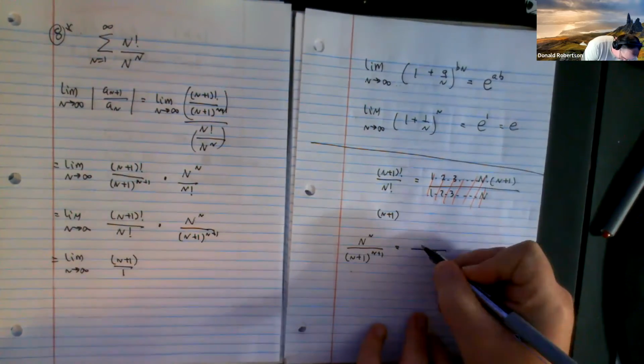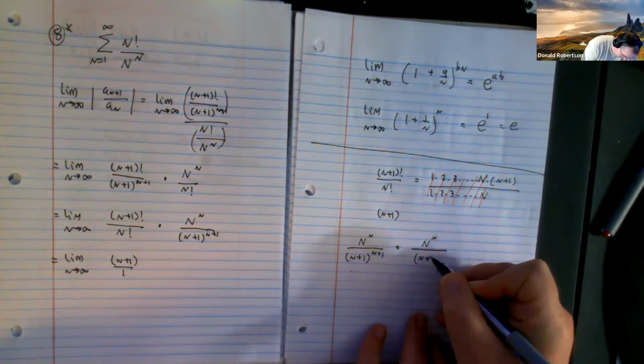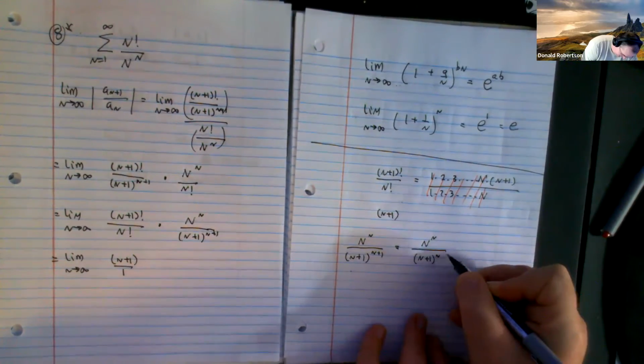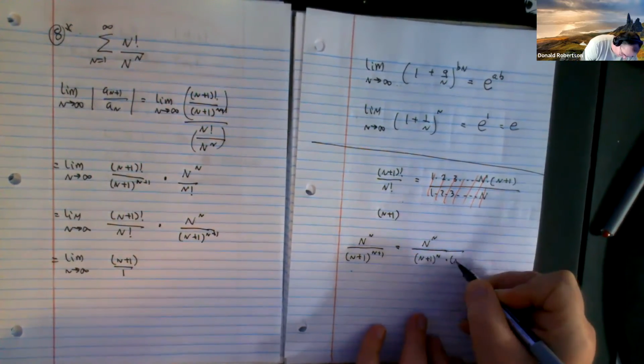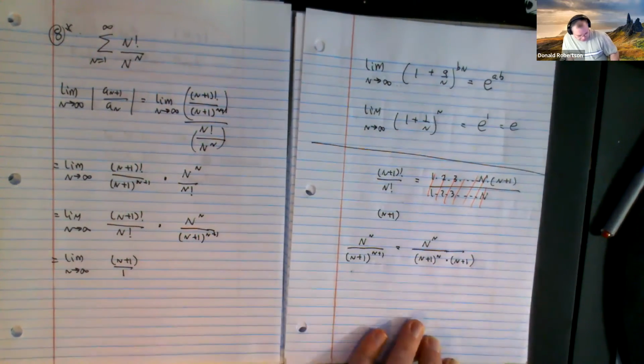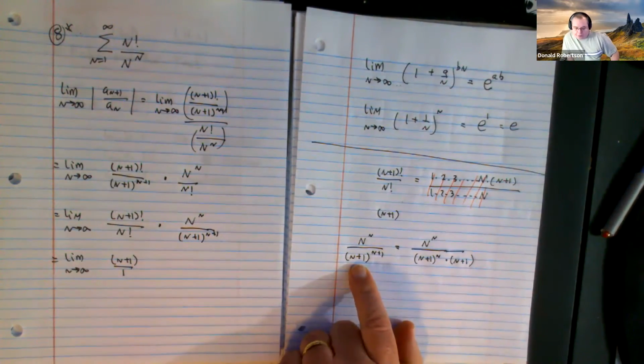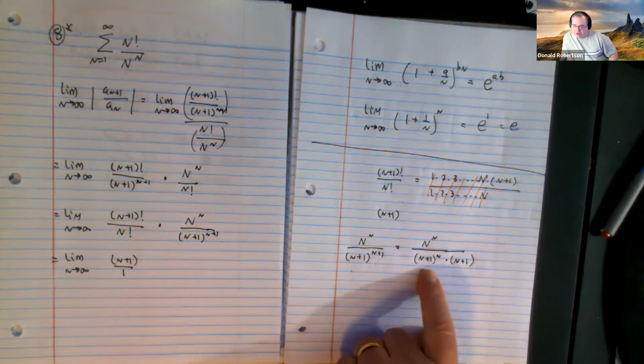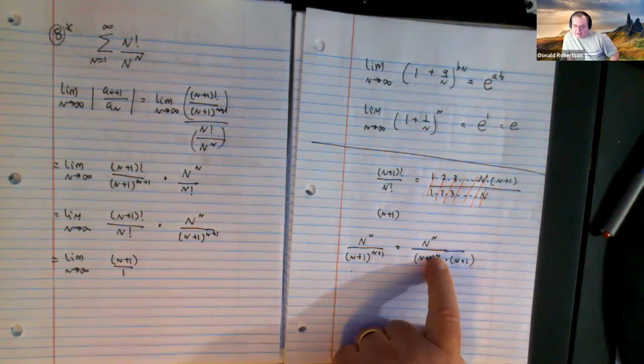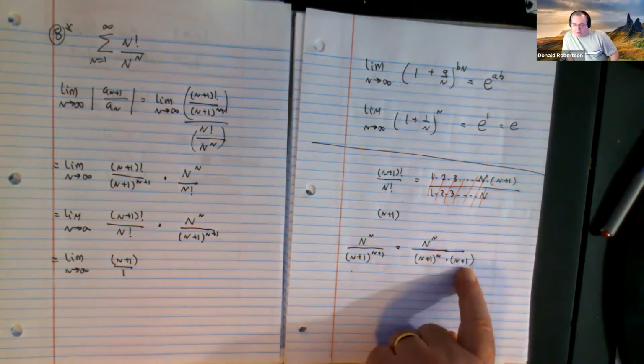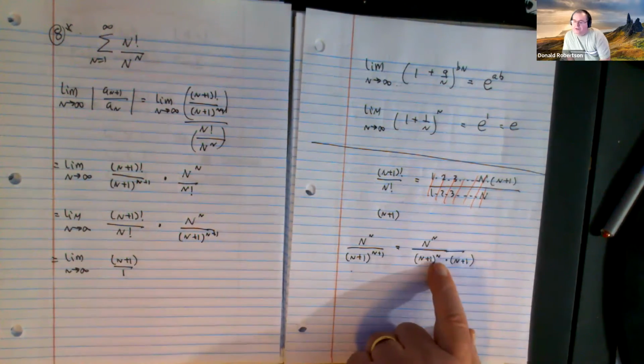First thing I'm going to do might not look very helpful, but it is. I'm going to take n plus 1 to the power of n plus 1 and rewrite it as n plus 1 to the n times the other n plus 1. Would you agree these two bottoms are equivalent?